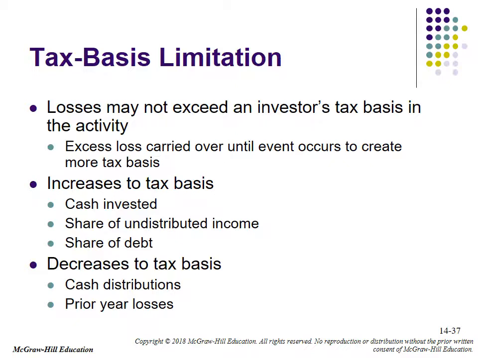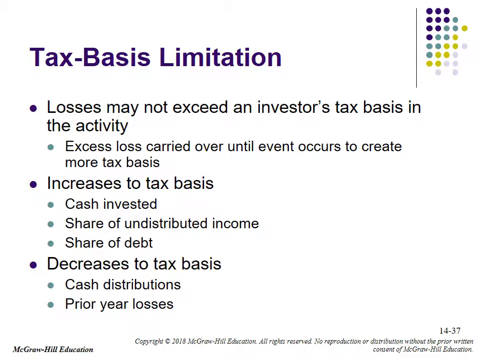Here's what we're talking about. You spend $2,000 for an interest in a partnership, okay? And you have $3,000 of passive activity income, okay, from another passive activity.